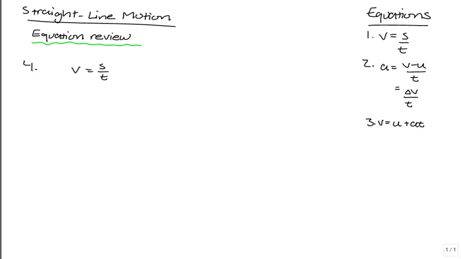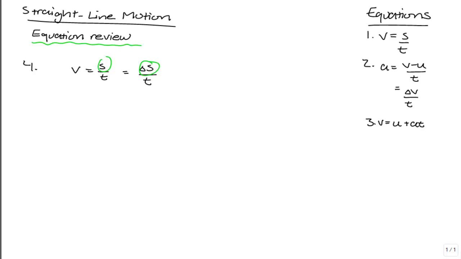In some cases, you may see this written as v is equal to delta s over t. The meaning is the same in both cases. Velocity is equal to the change in displacement, s, or delta s, divided by the time in which that change in displacement took place. You can rearrange this equation for s.